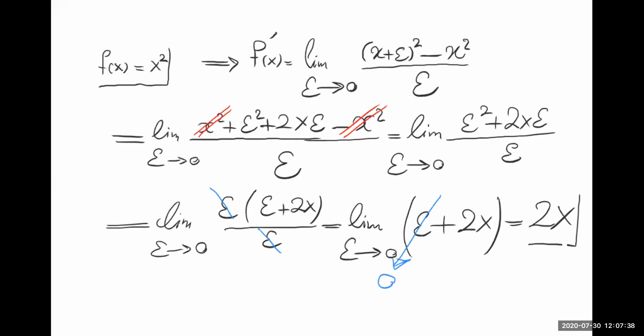So as you can see, this definition, limit of f of x plus epsilon minus f of x over epsilon, can be understood as the instant change of f with respect to x. What do I mean by that?